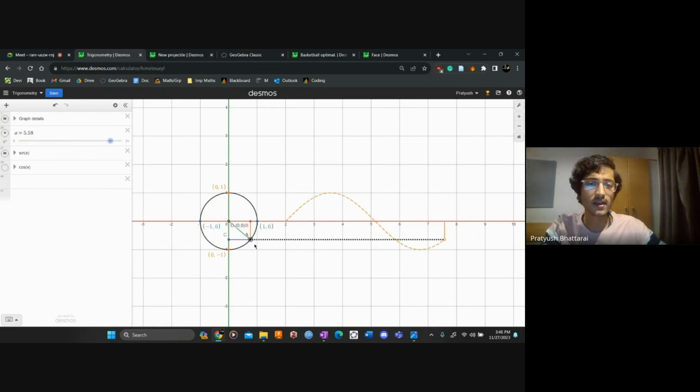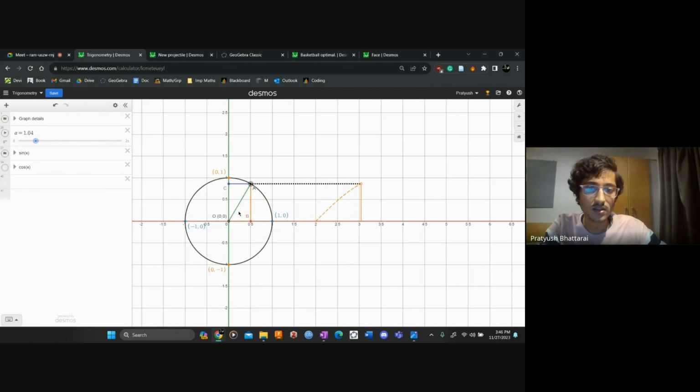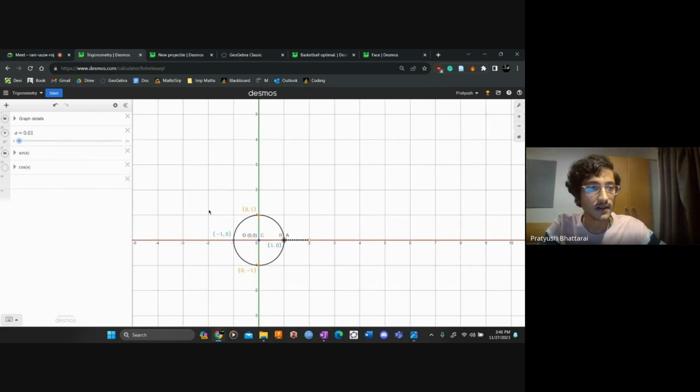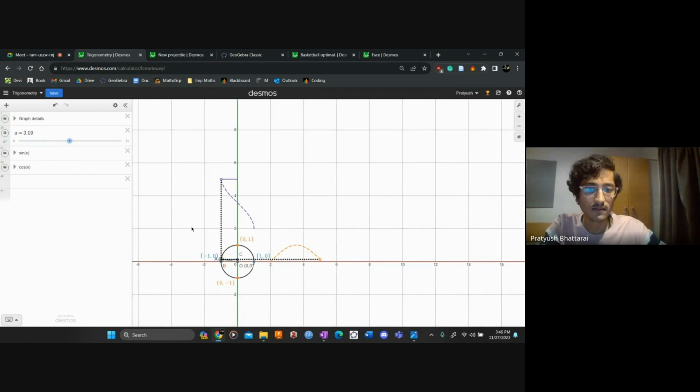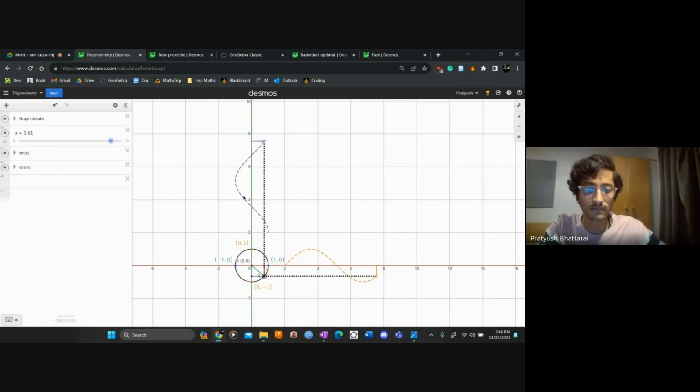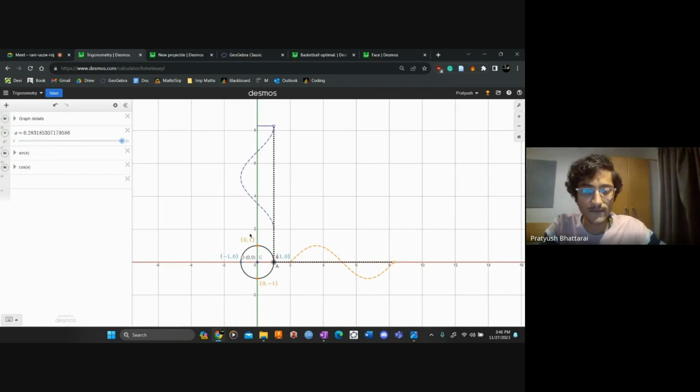In a similar way, you could look at the cosine function. Now, instead of looking at the orange length, you look at the purple length. So let's do that. Let's find cosine of x. If you look at how the curve moves, they're going to be of the same type, but do notice a few differences.